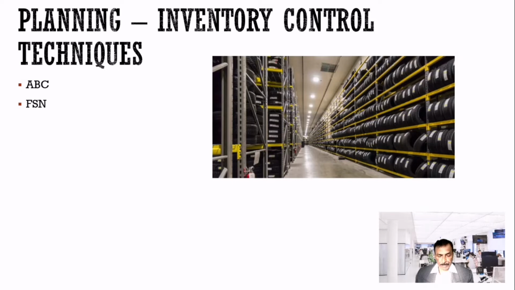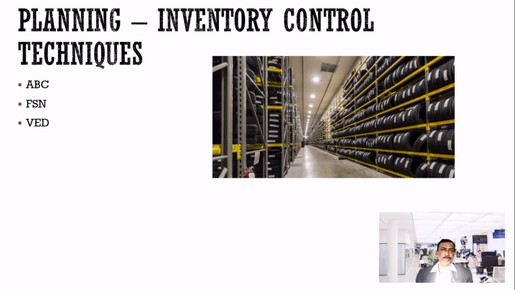Next one is called VED analysis: vital, essential, desirable. All your SKUs can be classified based on the criticality of the component. Some component, if it is not available, is simply going to stop your production line or your customer's production line. So at any cost you need them. On the other hand, for desirable, there is some substitute possible.